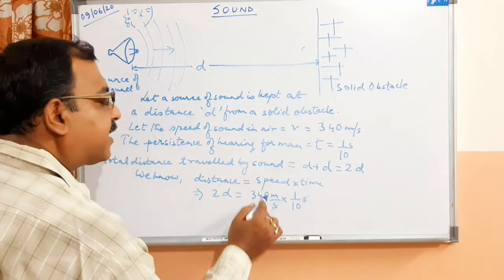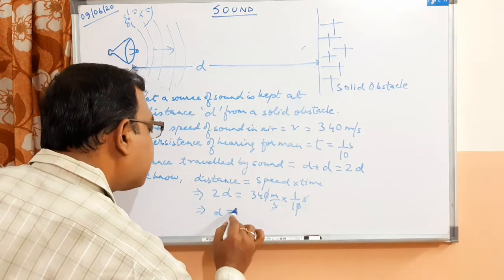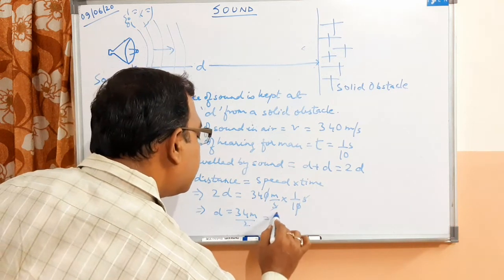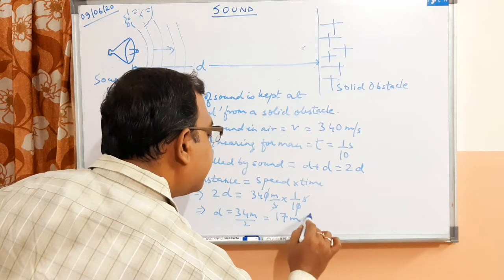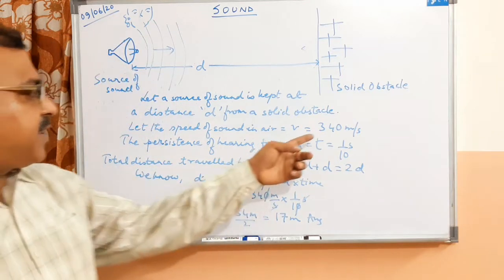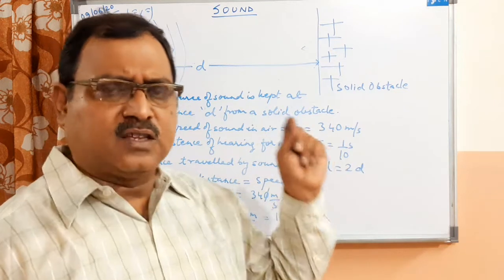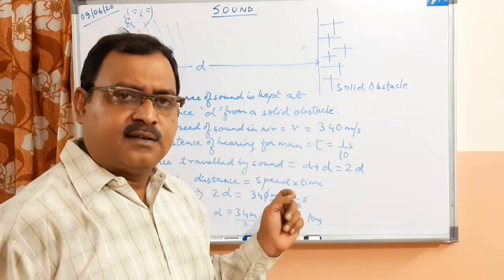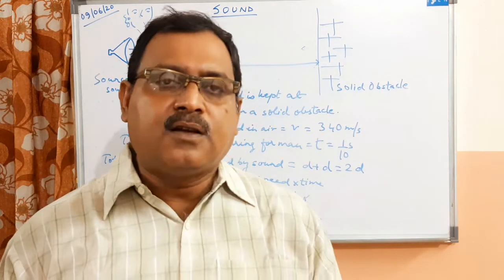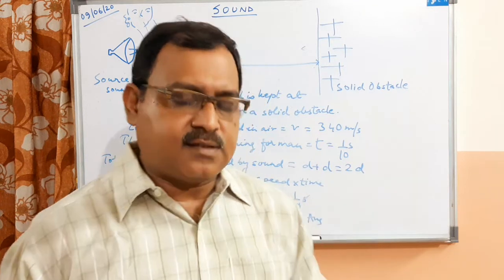If I cancel second and this 0 and this 0, you get d is equal to 34 meter by 2, that is equal to 17 meter. So in this way we can calculate. Here I have taken the speed of sound as 340, so it is coming 17 meter. If you take the speed of sound as 330, automatically this will become 33 by 2, that is 16.5 meter. So in general we say 17 meter, 16.5 meter, this varies.